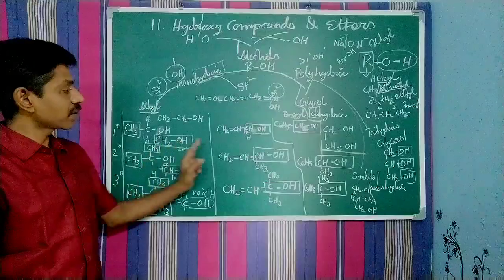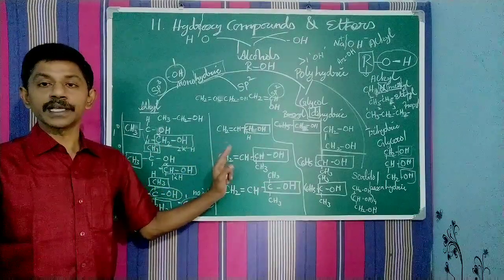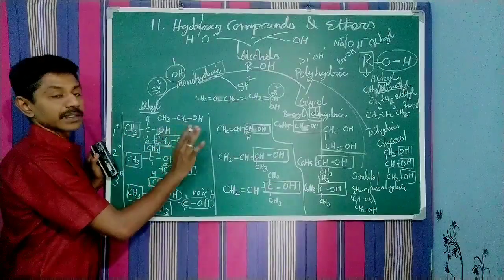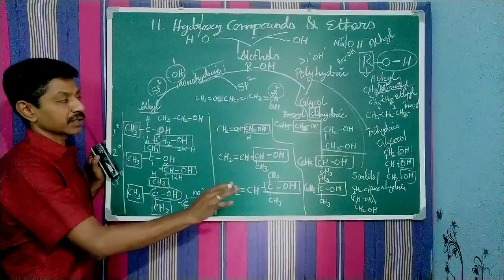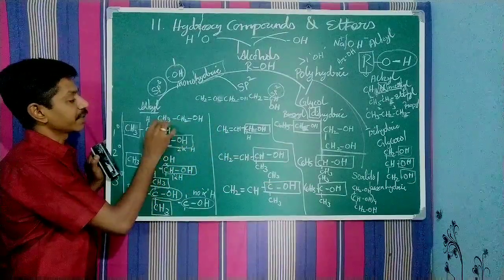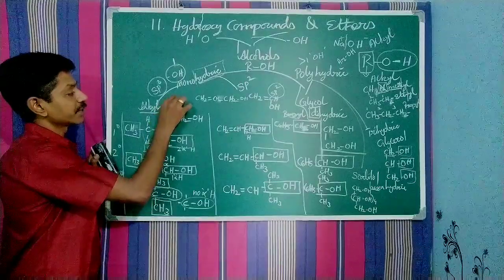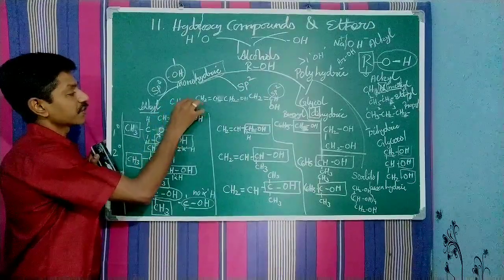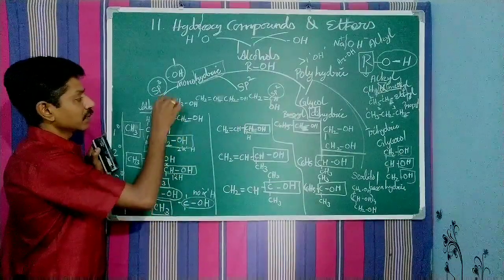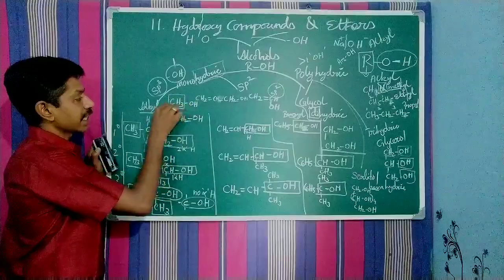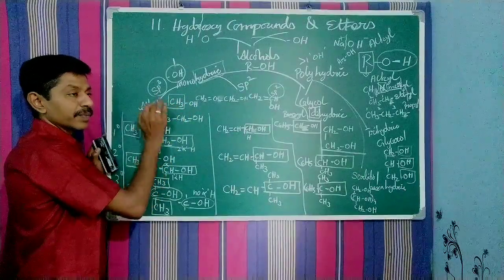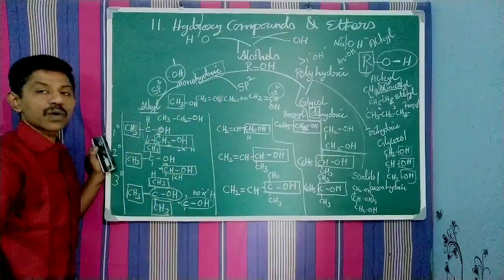And these compounds can be named both by the common name and the IUPAC name. And let us learn one by one by understanding the rules of IUPAC in the next part. For example, I am giving you this compound, the first alcohol, that is CH3OH. As you know, the common name says that you have to talk about the alkyl group and finish the name with alcohol.